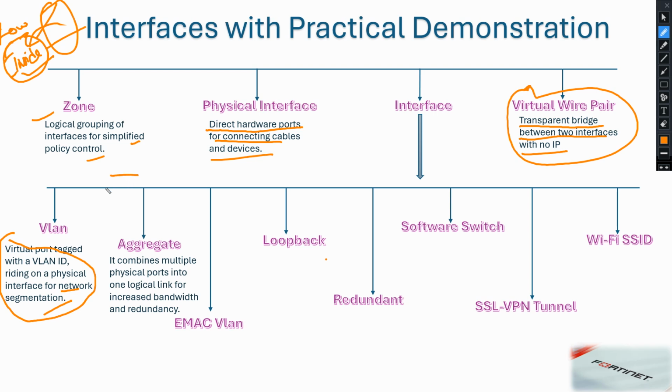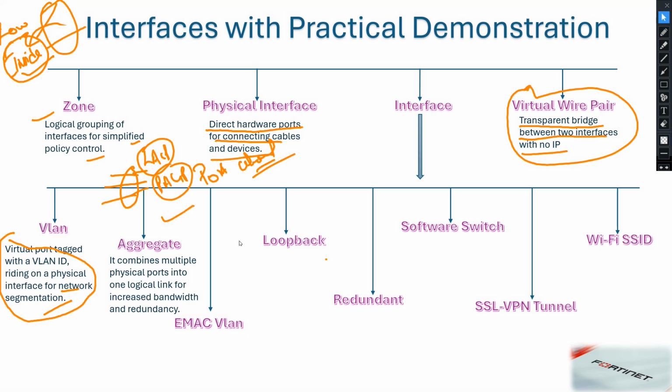Suppose you have three interfaces and you combine these into one, right? As you know, we have LACP protocols. If you are aware of Cisco technologies, port channels, EtherChannels. So this is a kind of same technology here.